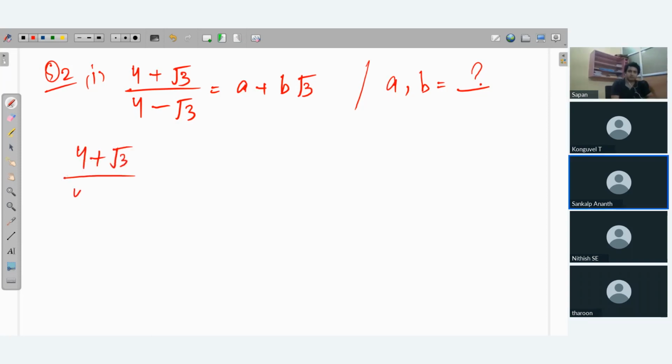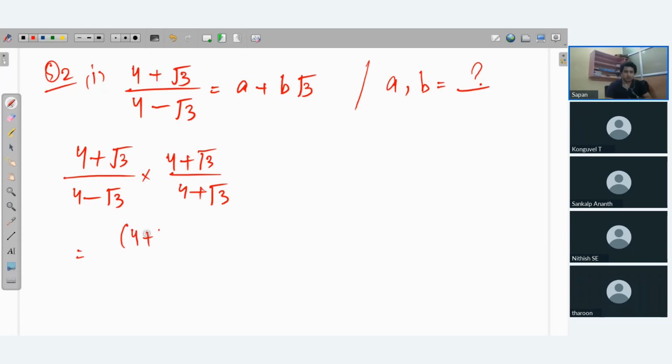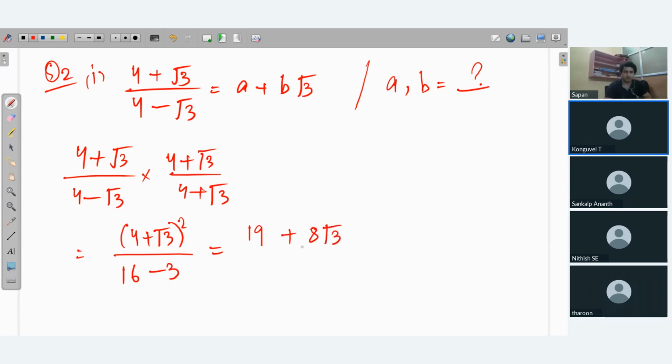A is equal to 19 by 13 and b is equal to 8 by 13. It's 4 plus root 3 whole square, and 16 minus 3 becomes 13. 16 plus 3 is 19, plus 8 root 3, divided by 13.